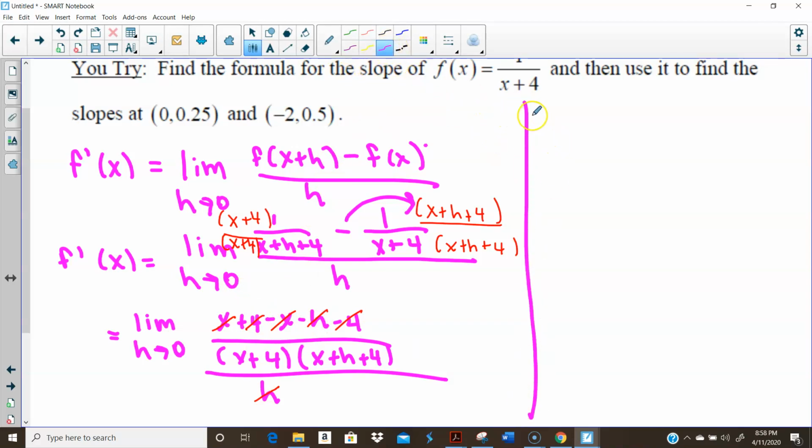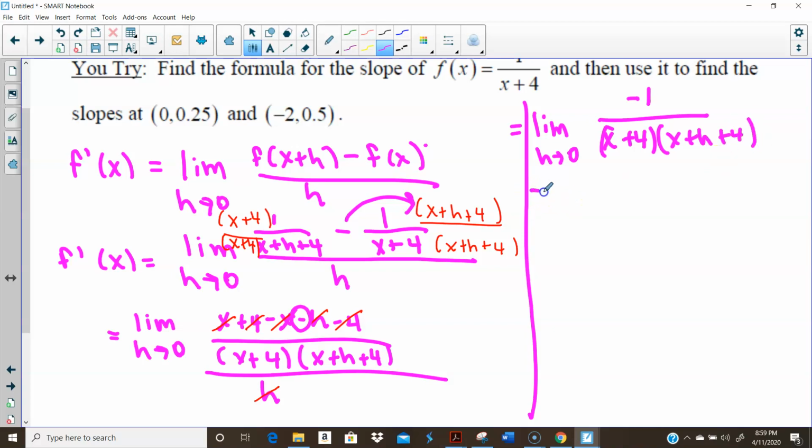So the limit as h approaches 0 is going to be, see there's a negative there, so we're looking at negative 1 over x plus 4 times x plus h plus 4.